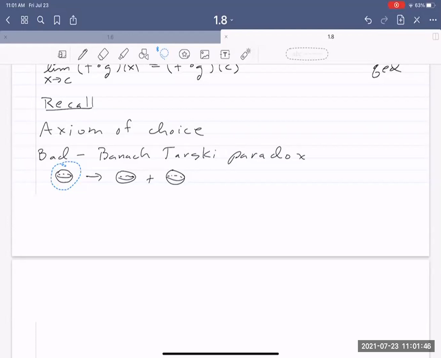Now, take those pieces that you've just sliced up this orange into and translate them, move them to a different location. So I slice up my orange, and all I'm going to do is translate. I'm only going to move from the kitchen to the dining room to eat my orange.